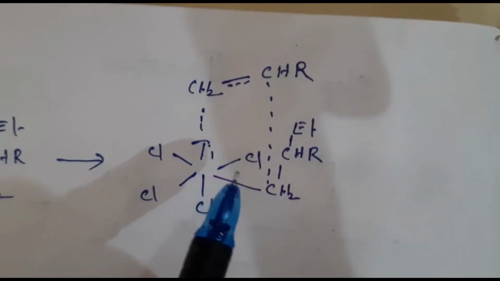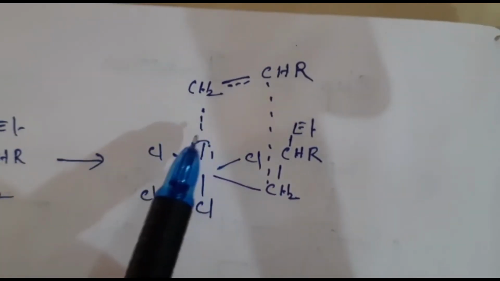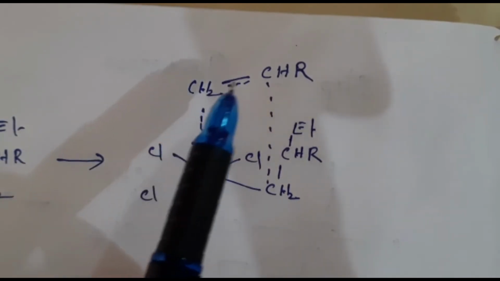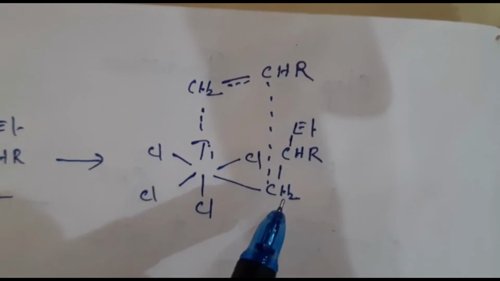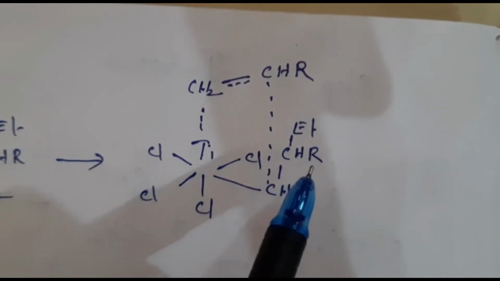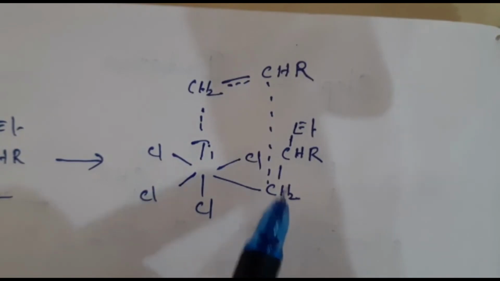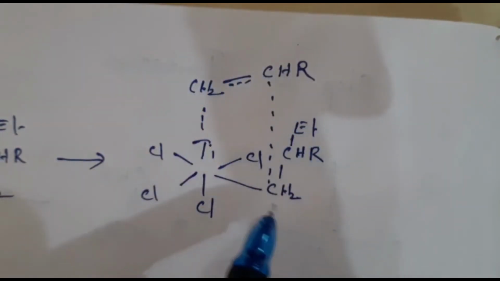So what will happen? In the product, this titanium-CH2 bond will be broken. So it will be CH2, CHR, then CH2, CHRET, because this titanium-CH2 bond will be broken and this group will be inserted between this CH2 and the CHRET group.